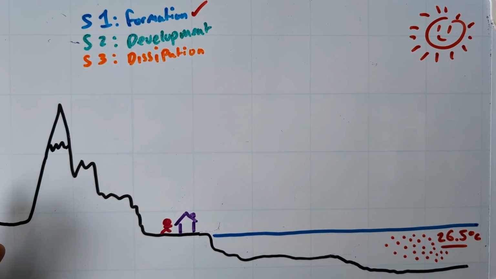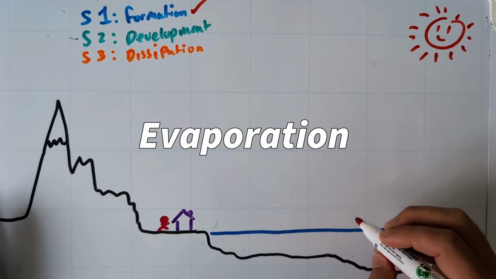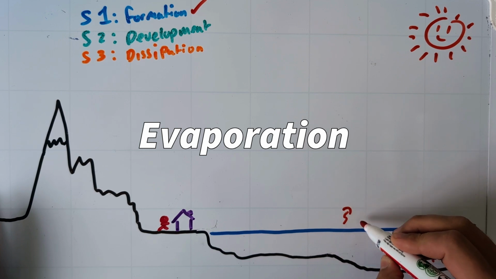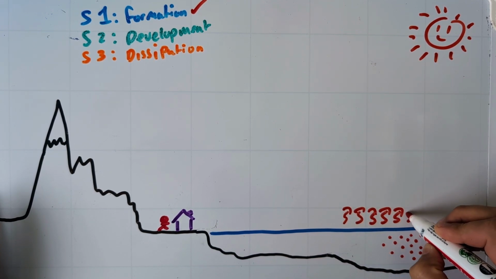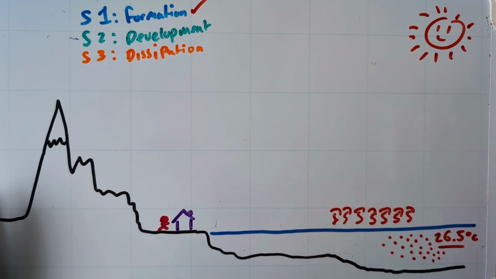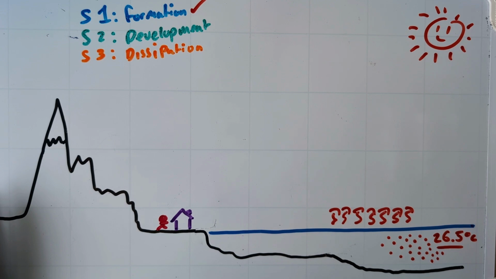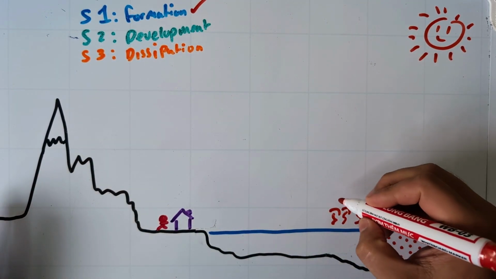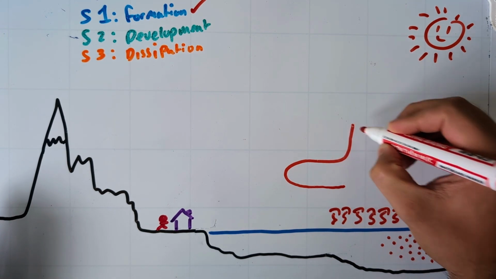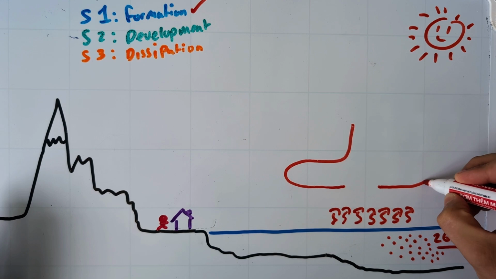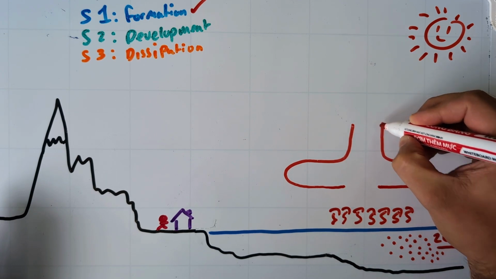So let's talk about the development. So what happens at 26.5 degrees, you start to get a really significant amount of evaporation, okay? This causes the air to rise. So we start to have an area of low pressure forming, okay? Like so.